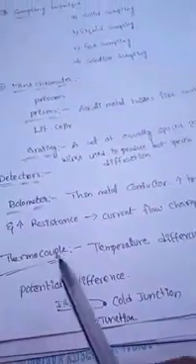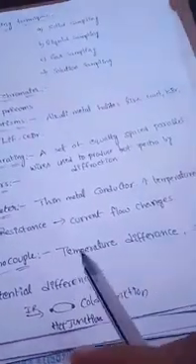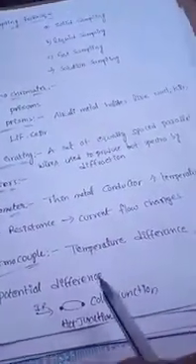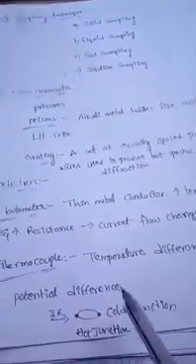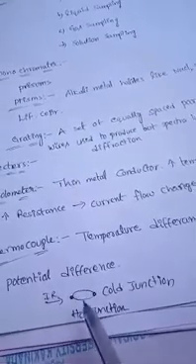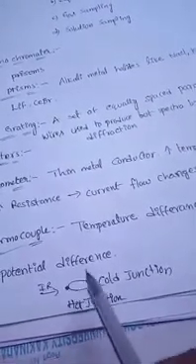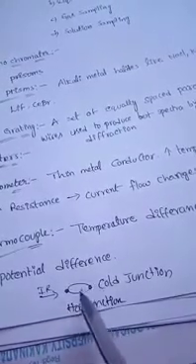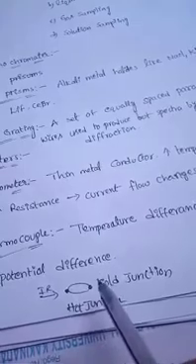Next is the thermocouple. In a thermocouple there is a temperature difference, so there is also a potential difference. The thermocouple material consists of two different metal wires.